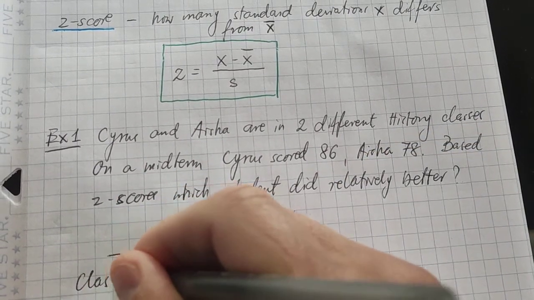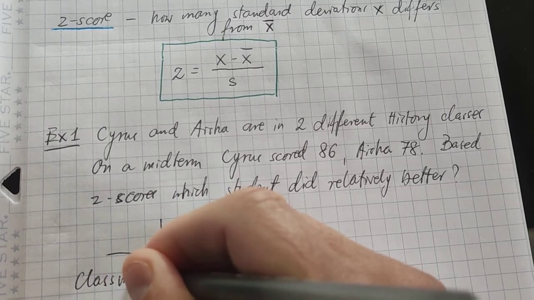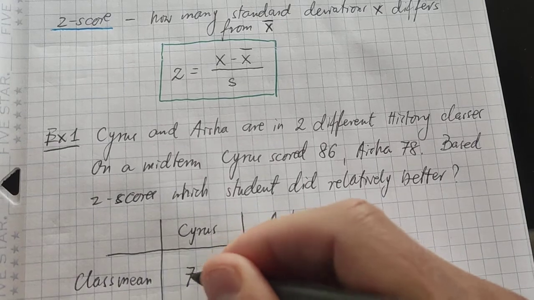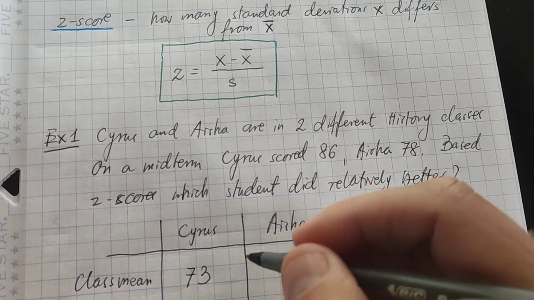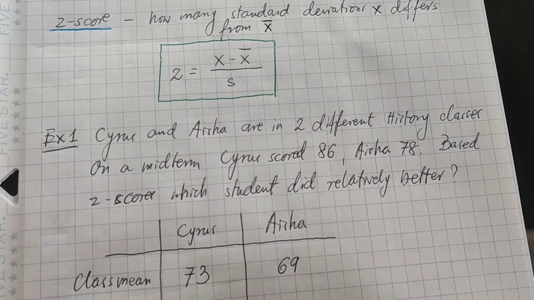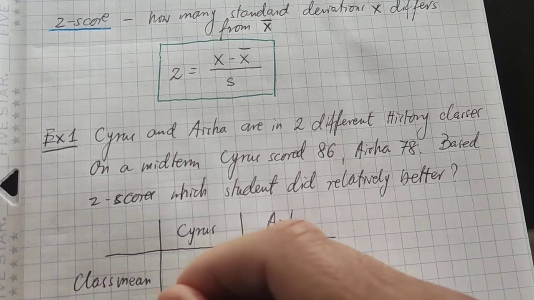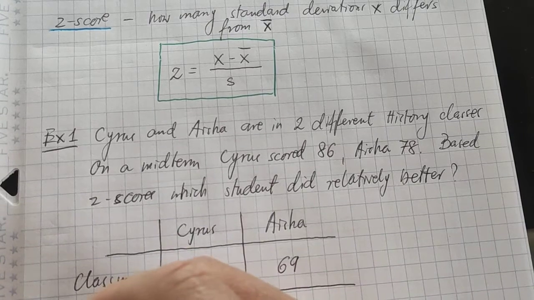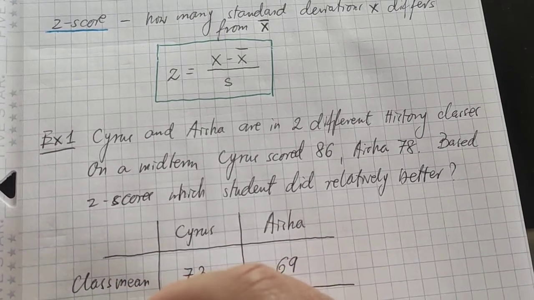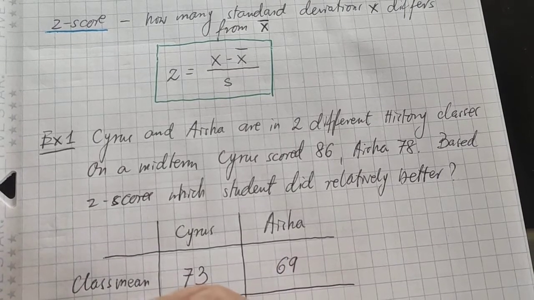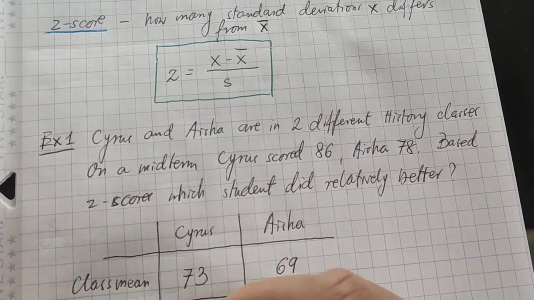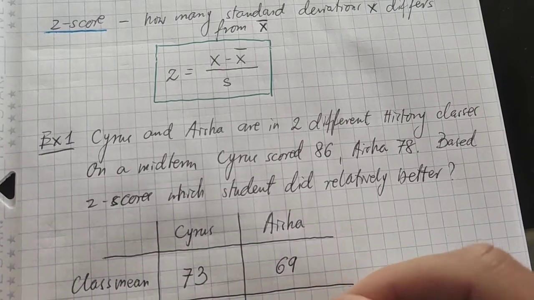This is the class mean, the mean score of all students in the class: 73 in this class and 69 in this class. And then the standard deviation, the data spread: in this class it is 8, so there's a pretty large spread, and here it is 5.